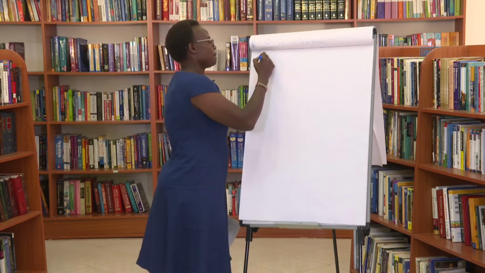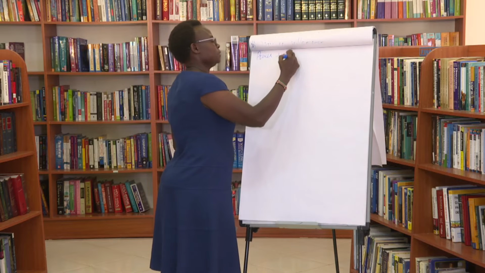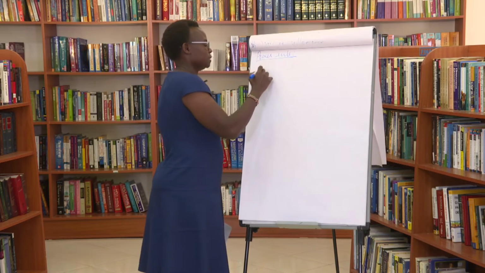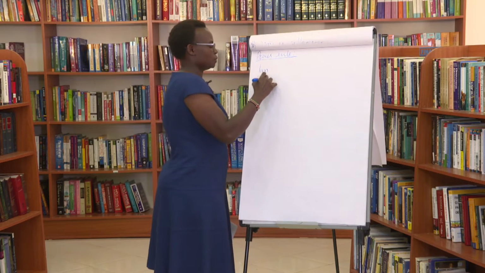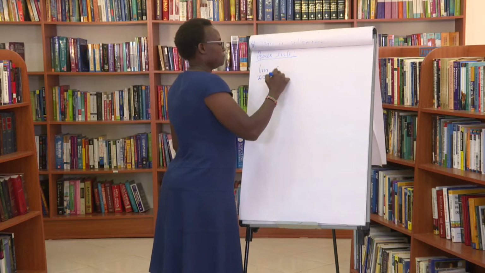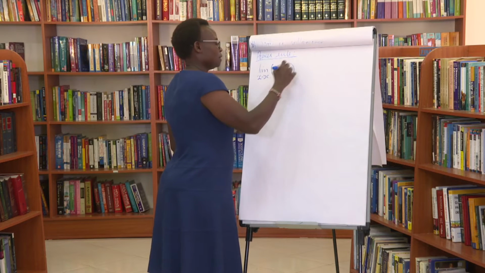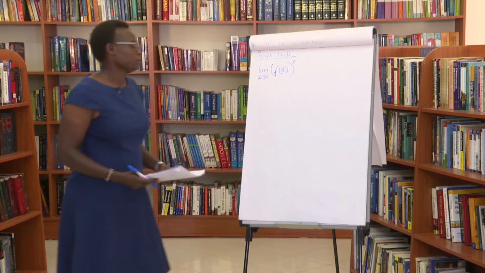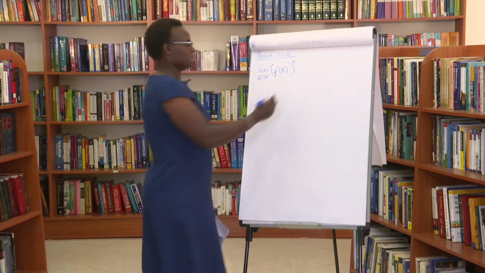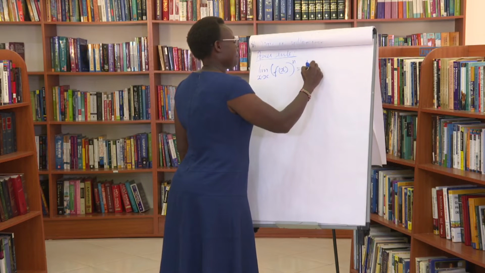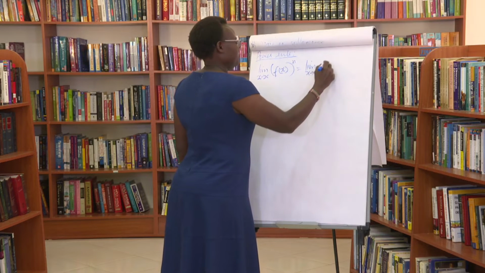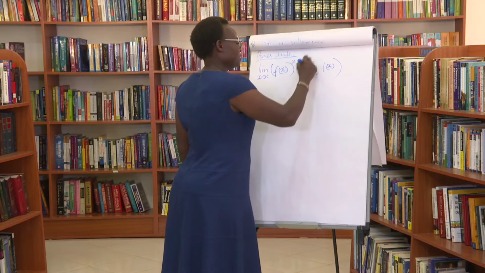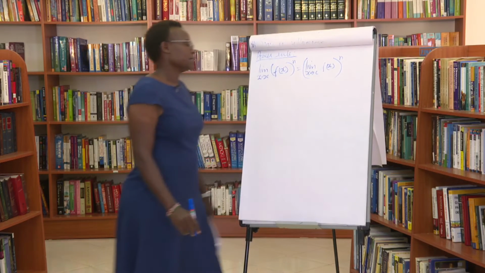So power rule, this is another rule of limits, and here if you're given the limit as x tends towards c of our function being raised to a certain power, remember we said n was a positive integer, this is the same as getting the limit as x tends towards c of the function first, and then you power the limit.